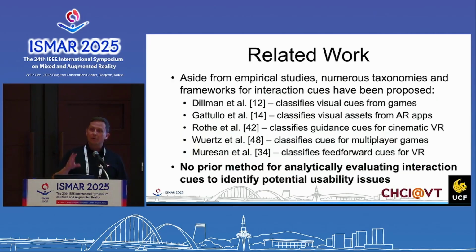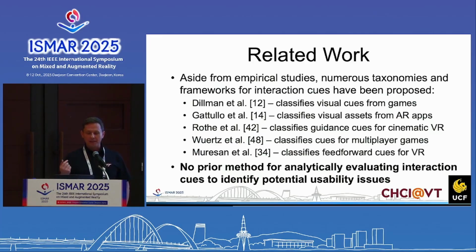Now, aside from the numerous empirical studies that exist, there have only been a few frameworks or prior works that have looked at frameworks and taxonomies for describing these interaction cues. Dillman et al. presented one of the first taxonomies. They classified visual cues from a series of video games. Gattullo et al. classified visual assets from different AR industry applications.